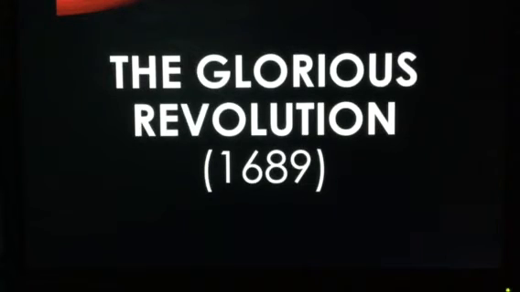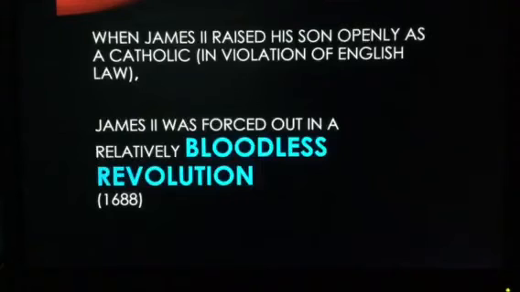The Glorious Revolution. When James II, a Stuart monarch, raised his son openly as a Catholic in violation of English law, James II was forced out in a relatively bloodless revolution.